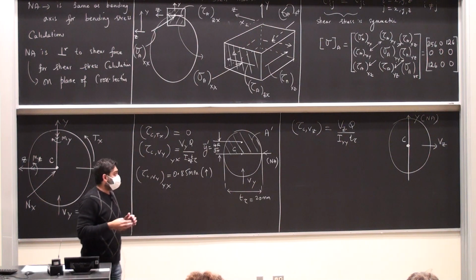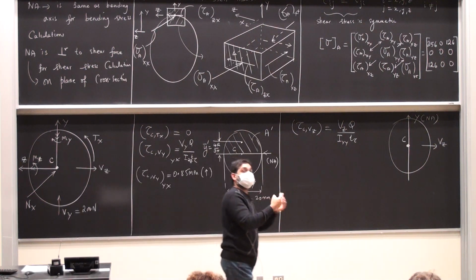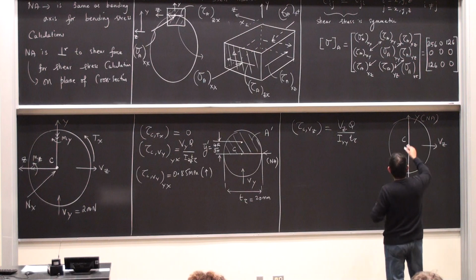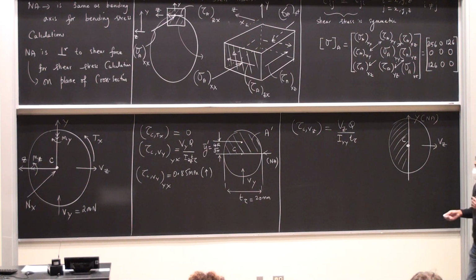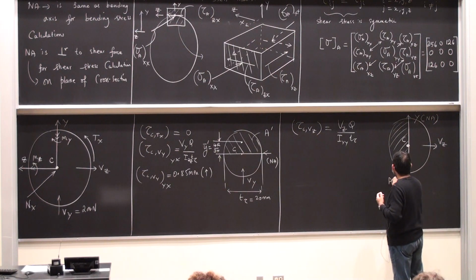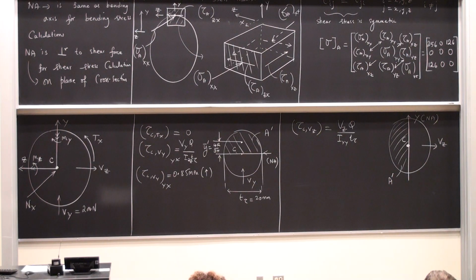You can do the calculations by either shading the area on the left or to the right of point C. I can call this A prime, which is just half of the total circular area. Then y bar prime is the distance from the neutral axis to the centroid of the shaded area.